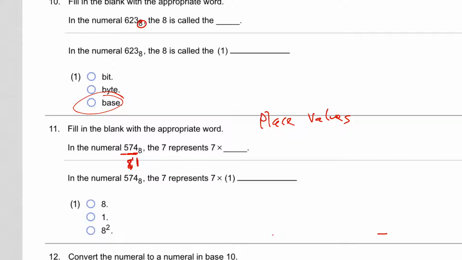And then the third place would be 8 to the second power. Okay? So the 7 represents 7 times 8, which is actually 56. If it would have asked you about the 5, which is in the third spot, then the answer would have been C. Okay, or that last one.